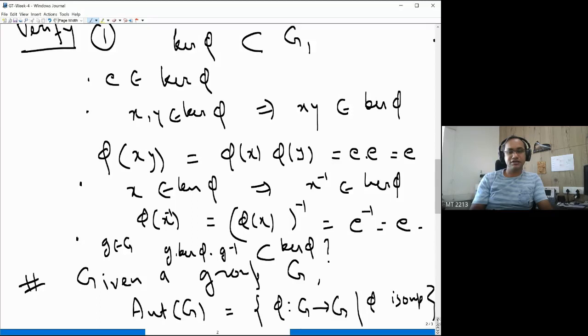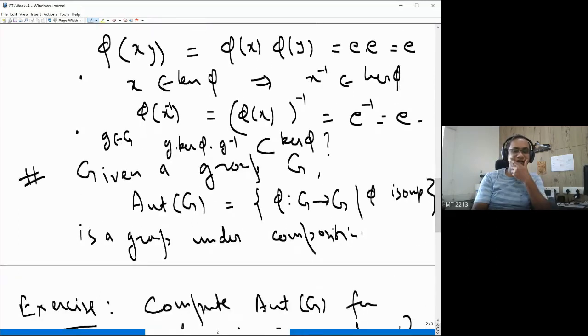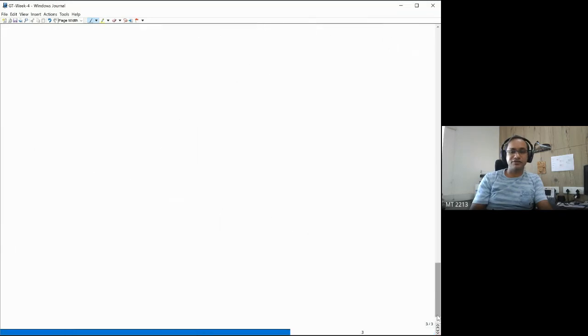I think you can verify that if I take any element here of the form g x g inverse, where x is coming from the kernel of phi, and apply phi on that, then you will see that it is phi of g, phi of x which will be identity, and phi of g inverse. And phi of g and phi of g inverse will cancel out to become identity. So that's why it's a normal subgroup. Verify this yourself, that this is a normal subgroup.